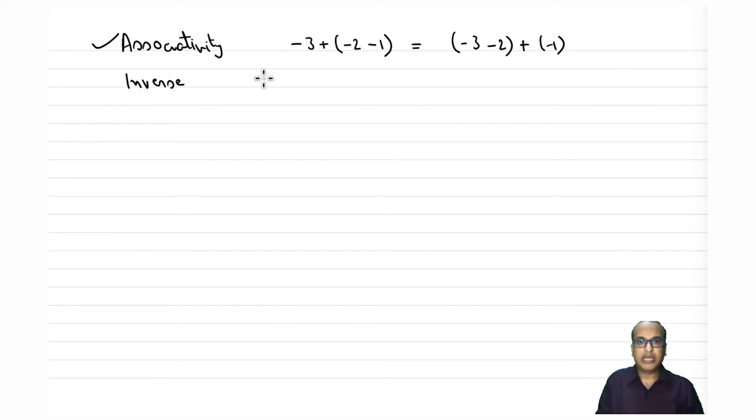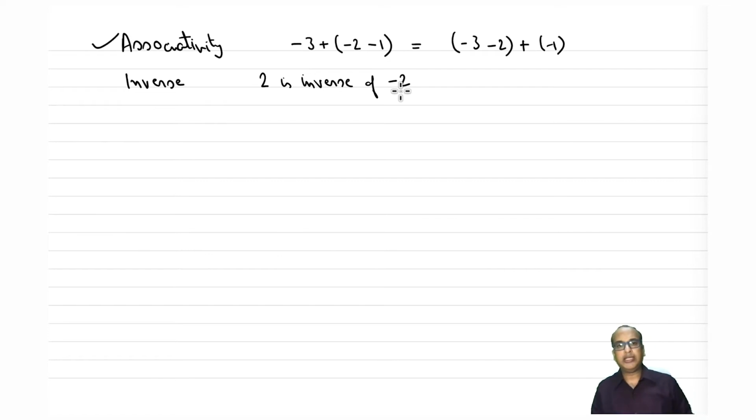And inverse. Every integer has an inverse. So for example, 2 is the inverse of -2. Remember, it's addition as a combination. So 2 will be the inverse of -2, 3 is the inverse of -3, right?